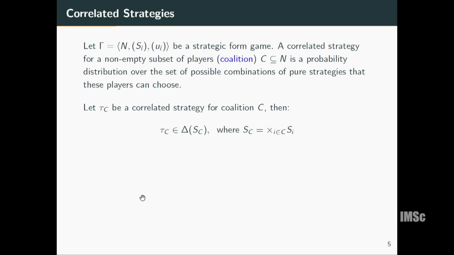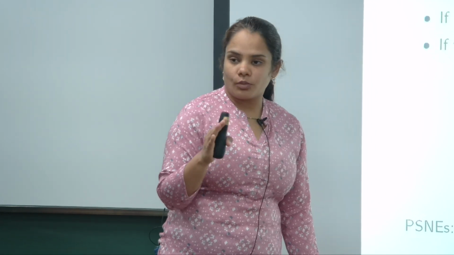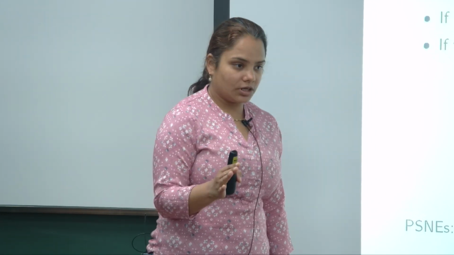Let me repeat: a correlated strategy is a probability distribution over the strategy profiles of the players in the coalition. In this example, my coalition was both P1 and P2. My C was {1, 2}. Both prisoners are cooperating with each other.